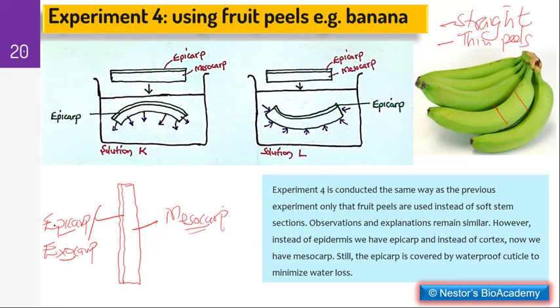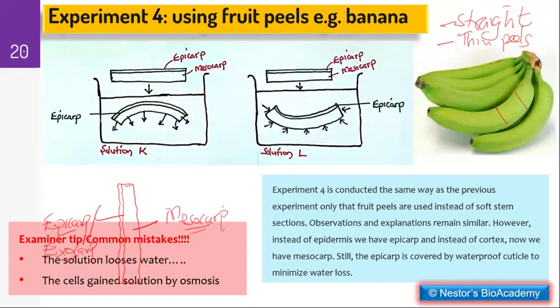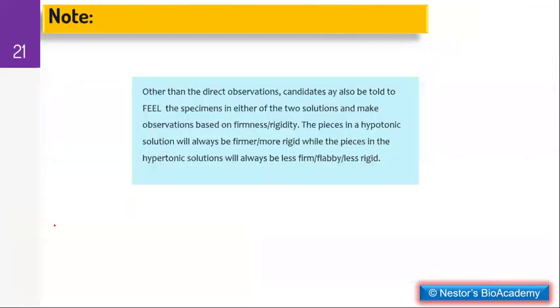So the explanations always remain the same. And again, the examiner tip I've given earlier must always be adhered to. Don't say the solution loses water, losing or becoming less tight. And also don't refer to the cells gaining solution by osmosis. That would be inaccurate.